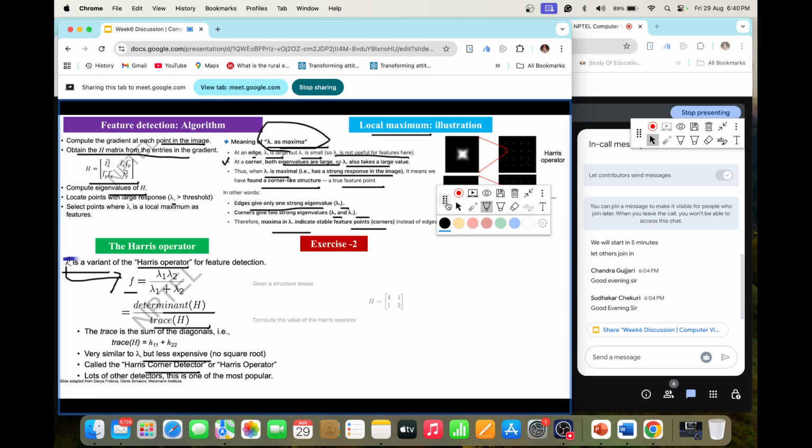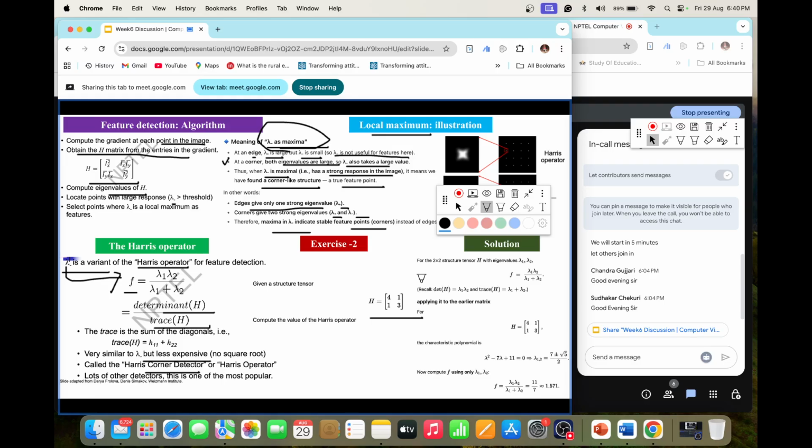So how is this Harris operator calculated? This is a structure tensor, H equals 4 1 1 3. Now we have to calculate the Harris operator, which is given by lambda 1 lambda 2 by lambda 1 plus lambda 2. Very easy. First, this is our structure tensor.